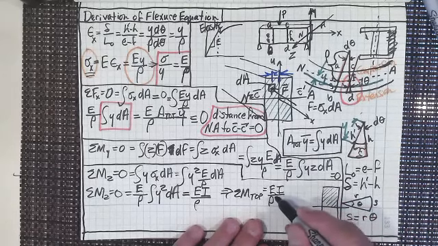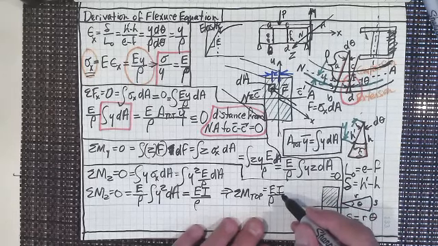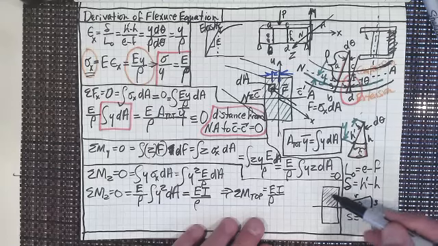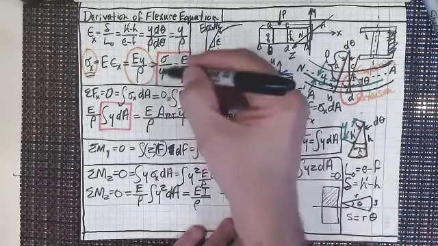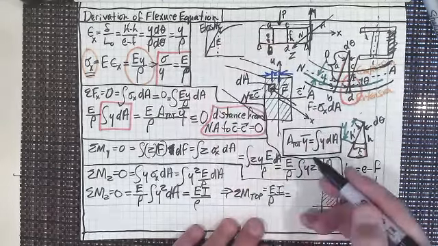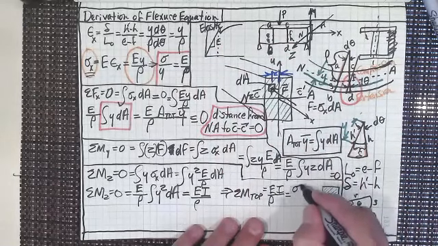I can exchange that, can't I? Because I know that E over rho is just sigma over y, isn't it?